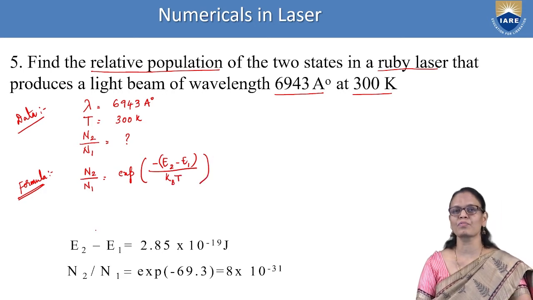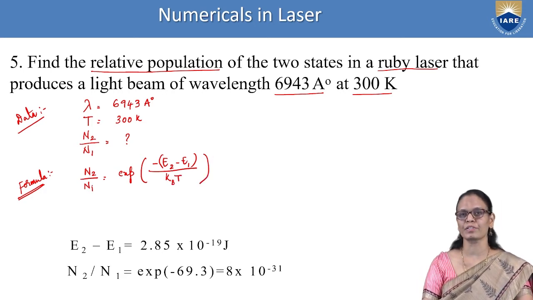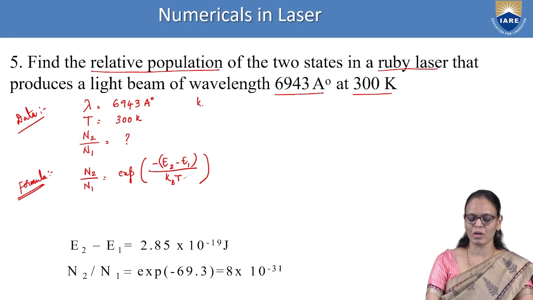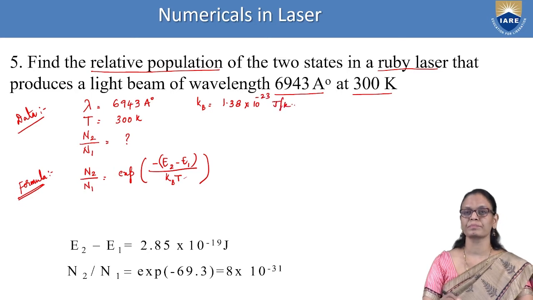So this is the formula for relative population. We have T, KB is a constant, the Boltzmann constant, 1.38 into 10 power minus 23 joules per Kelvin. T is given. E2 minus E1 we have to find.